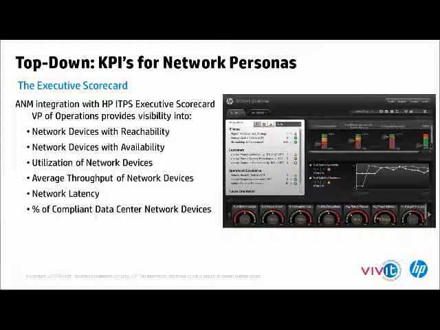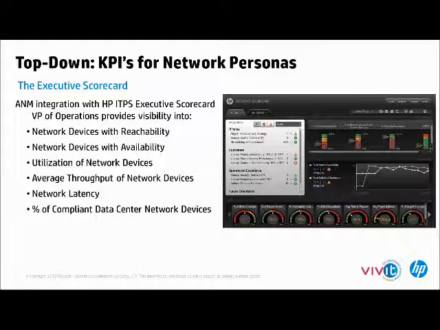So with the IT Executive Scorecard, the CIO, the NOC operations, or network operators, and executives can automate the gathering of information from diverse sources, consolidating it, linking it into a service hierarchy that I talked about, and presenting it in near real time.